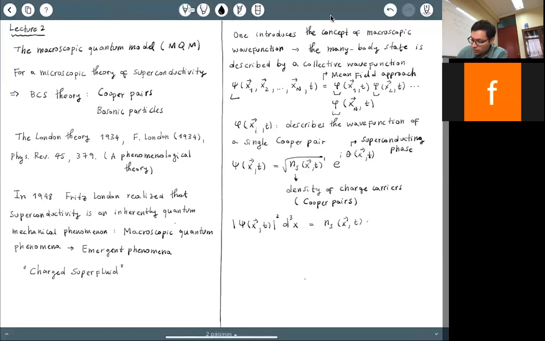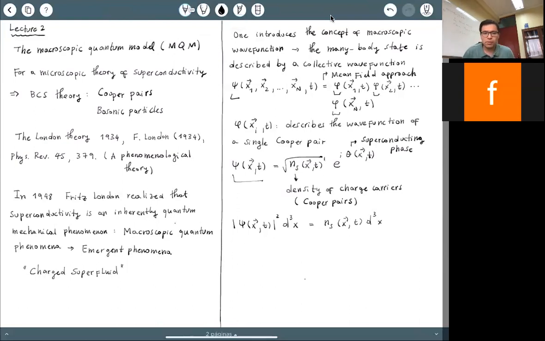You can interpret this quantity as the probability to find the condensate in a specific position x, between x and x plus some delta of volume at time t. I mean, probably this is something that you realize about this proposal of the macroscopic wave function that we have.